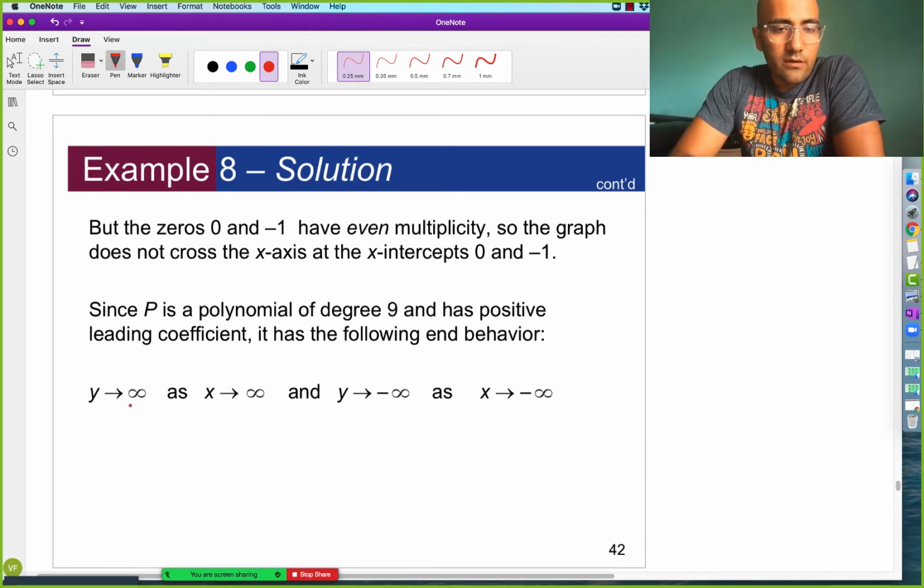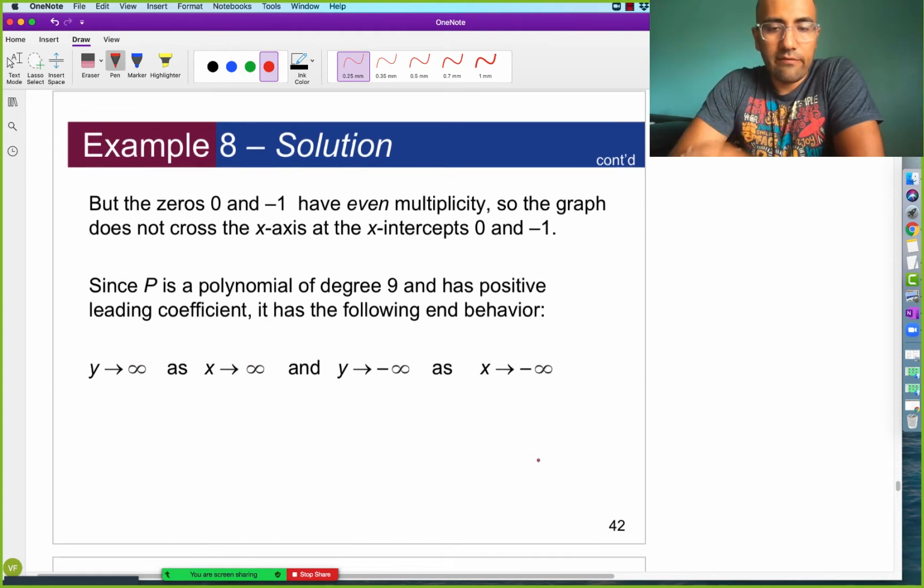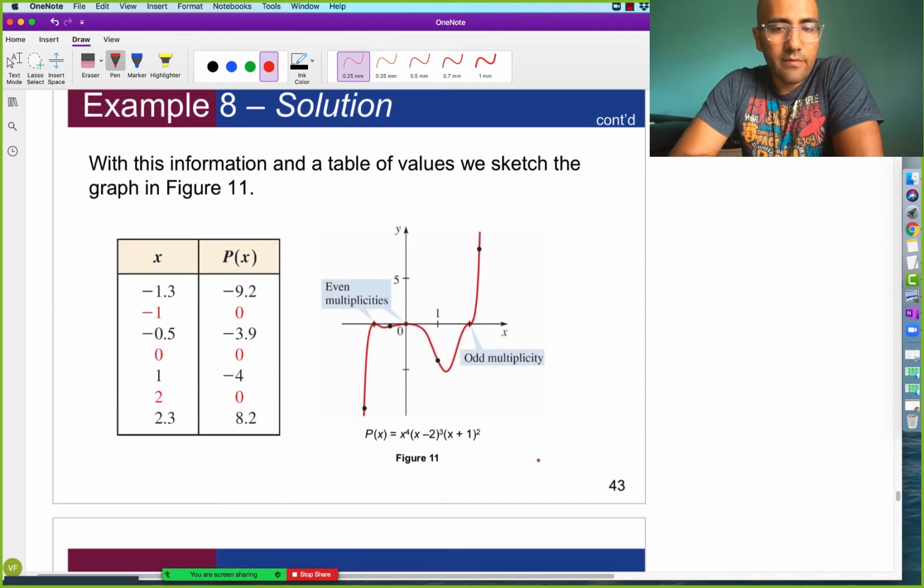So y will go to infinity as x goes to infinity, y will go to negative infinity as x goes to negative infinity. Okay, and then similar process that we do, come up with the zeros, figure out a test point, and then from that we can start to stitch together what the graph will look like.